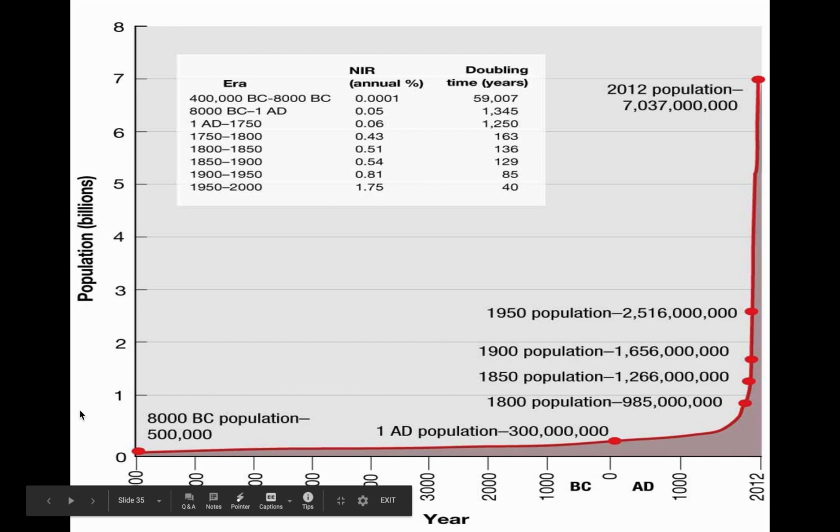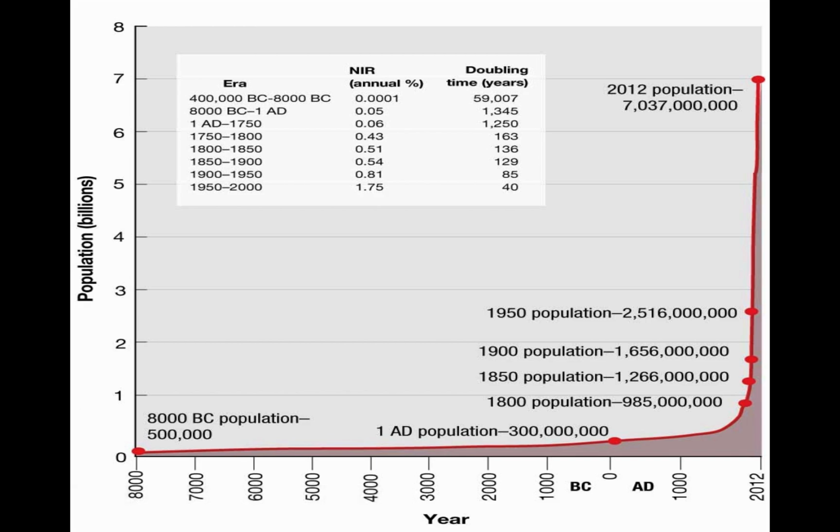We can look over time and we can see the exponential growth of population in the last 100 years. Really just stagnant, very small growth up until the Industrial Revolution that takes place in Europe in the 1750s.